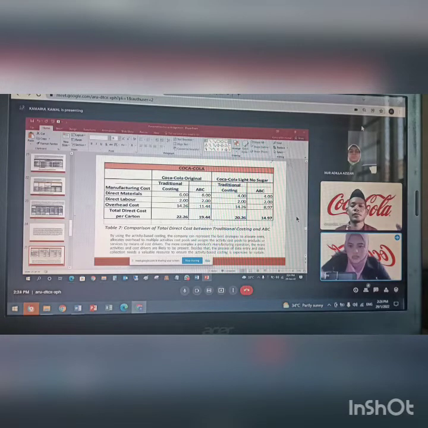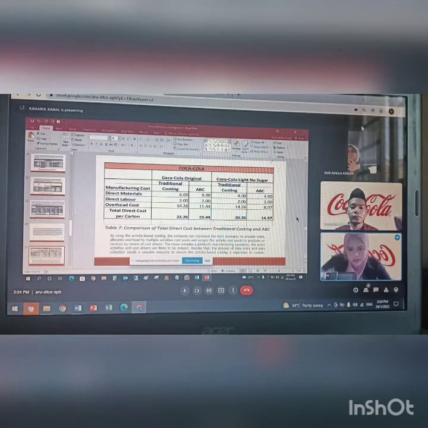So the total direct cost per carton for Coca-Cola Original traditional is 22 ringgit 26 cent, and ABC 19 ringgit 44 cent. And then for Coca-Cola Light No Sugar, for traditional costing, we got the total direct cost per carton is 20 ringgit 26 cent, and ABC 40 ringgit 97 cent.